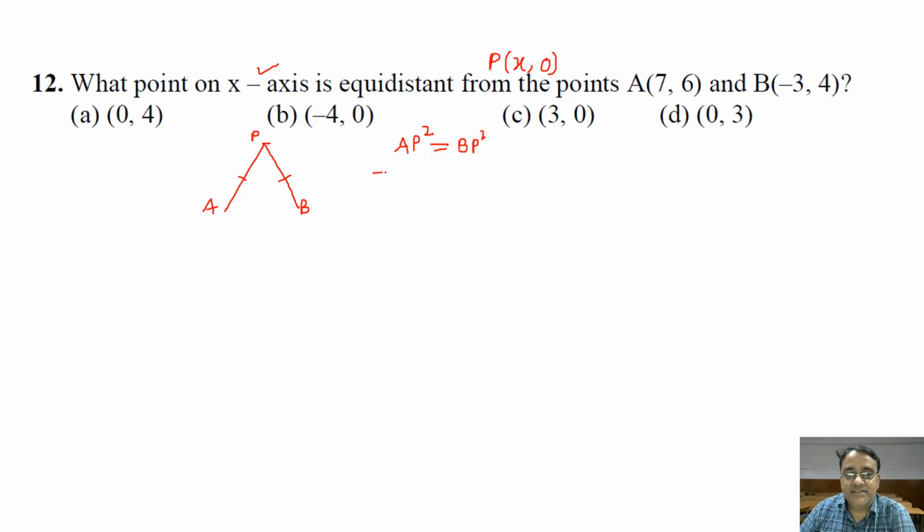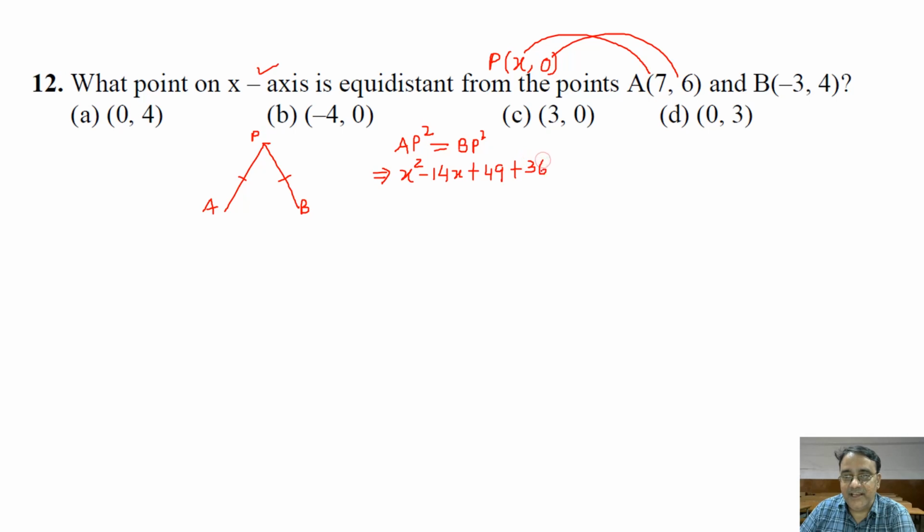Now see carefully. AP square is equal to BP square. Now this will imply AP square, first we will start with x minus 7 whole square. I am squaring it, x minus 7 whole square, so x square minus 14x plus 49. Next one is 0 minus 6 whole square, that is minus 6 whole square, 36.